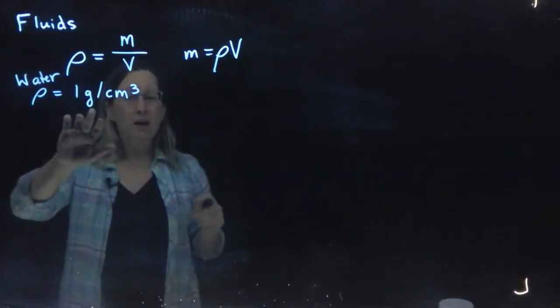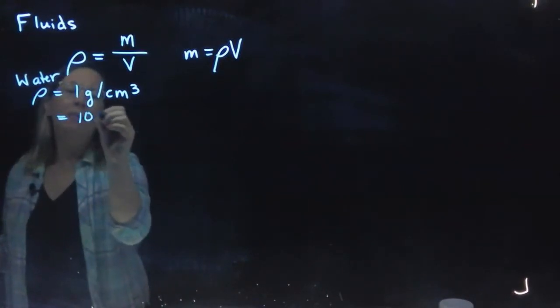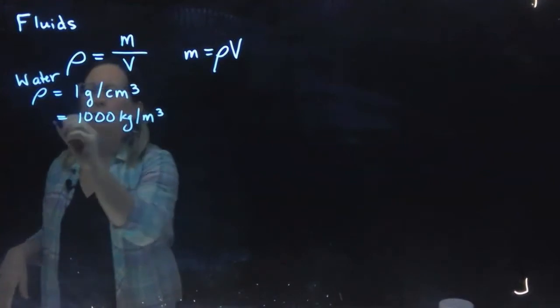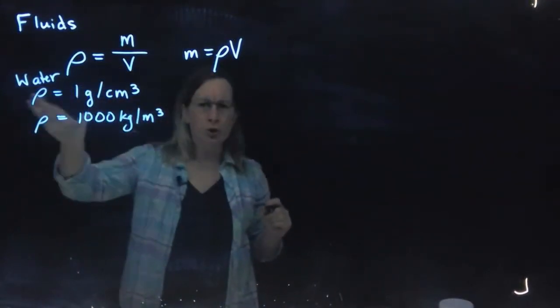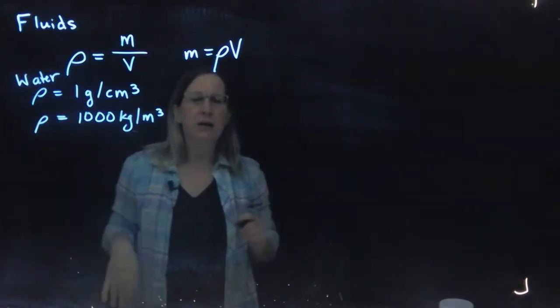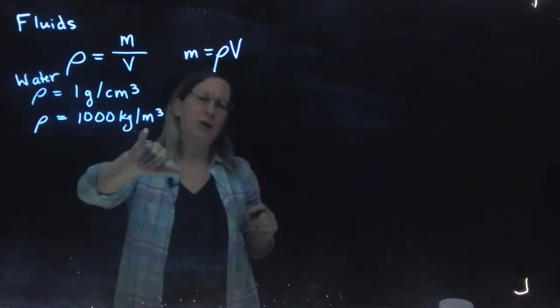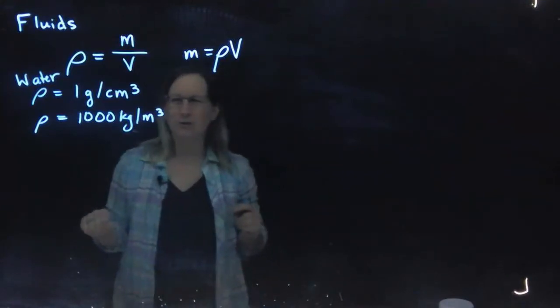But in MKS, meters, kilograms, this becomes 1,000 kilograms per meter cubed. So when you're used to 1 or 2 as your density, you're going to multiply it by 1,000 to get into the units we use in physics class. And that's just so we can use our acceleration due to gravity of 9.8 that we're used to using.